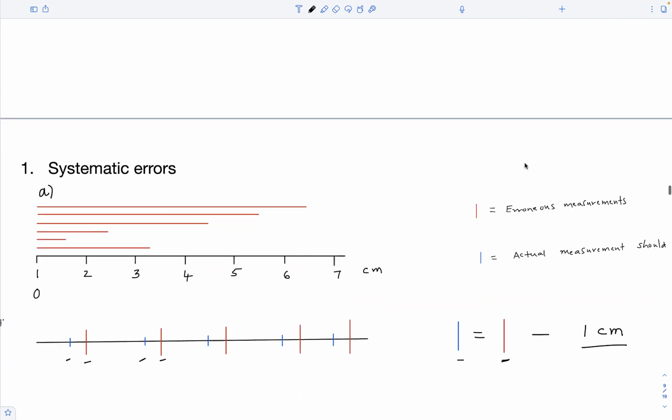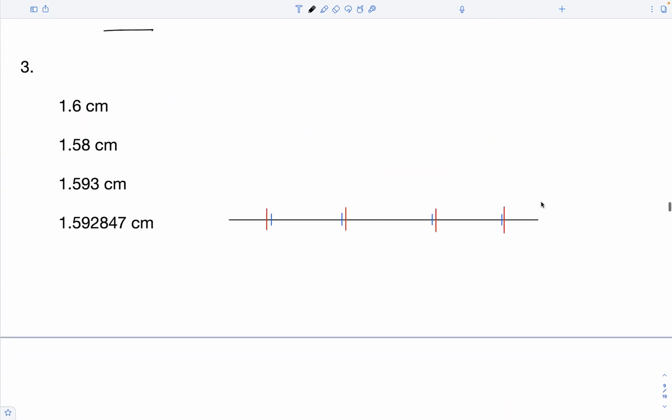So if you measure the diameter of this cylinder using a laser interferometer multiple times, sometimes the measurement obtained may be slightly smaller than the actual diameter, or sometimes it may be slightly more than the actual diameter. So these are not unidirectional, and because we cannot tell whether the next measurement will give a smaller value or a bigger value than what it should be, they are called random errors.